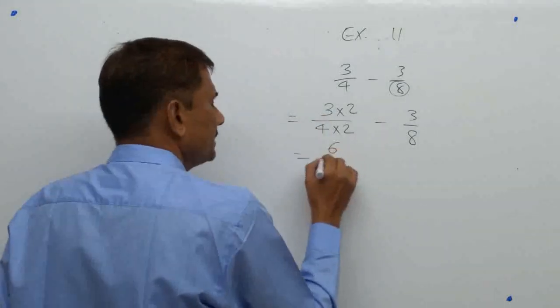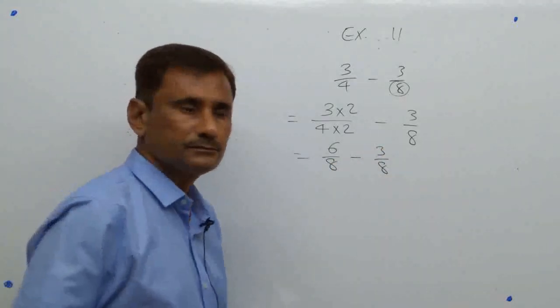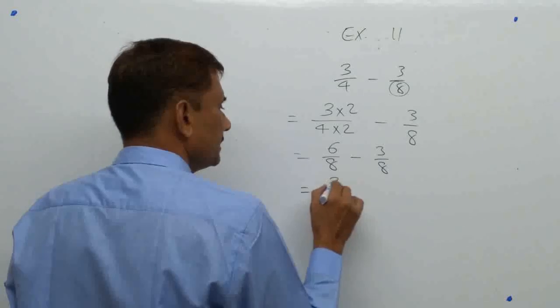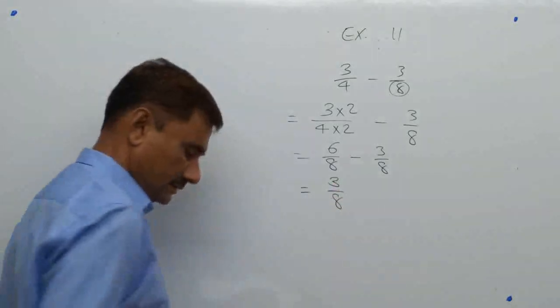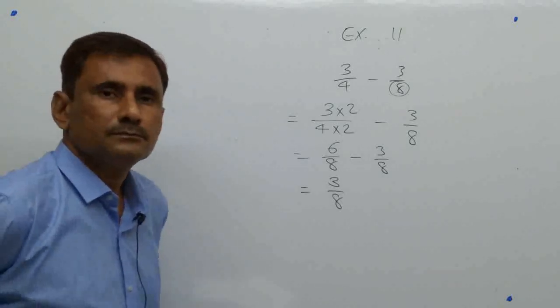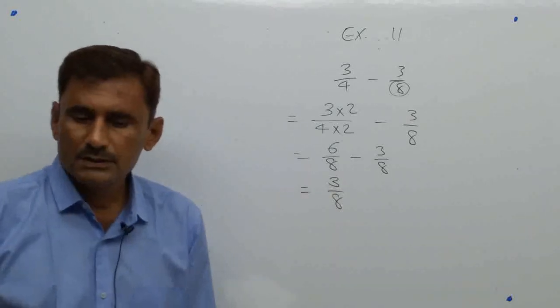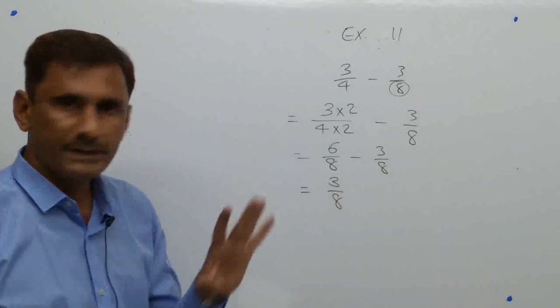So 6 by 8 minus 3 by 8. So it will be 3 by 8. No cutting is there, so obviously that will be our final answer.